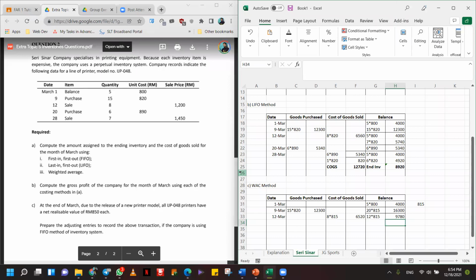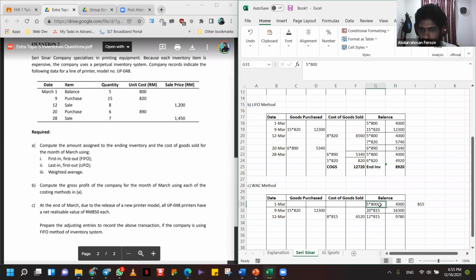Yes. So each time there is a purchase, and you have bought something at a different price, you need to average out the cost across all the remaining inventory. So when we bought on 9th, over here, we were costing the printers at 800. Then we bought printers at 820 ringgit. So now we have to average between the two.